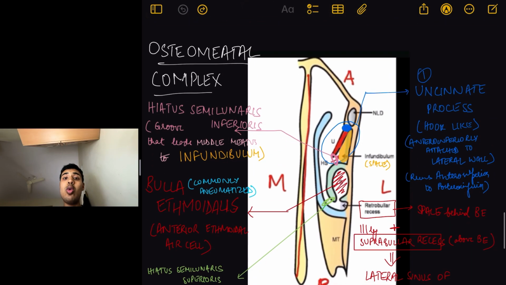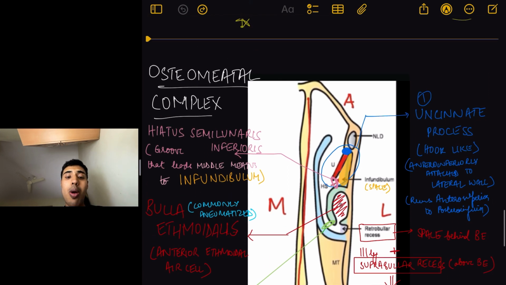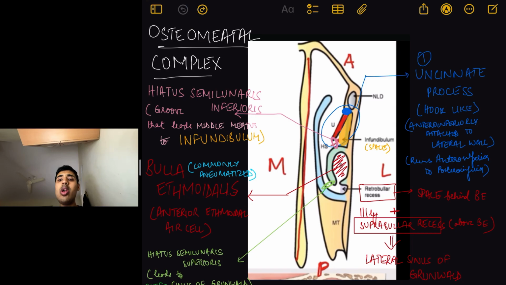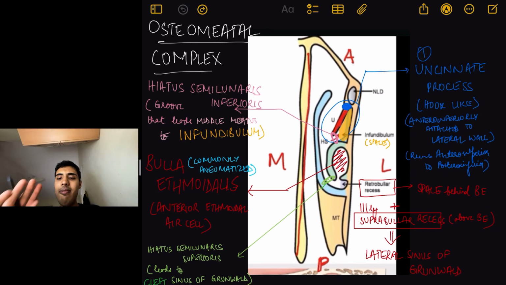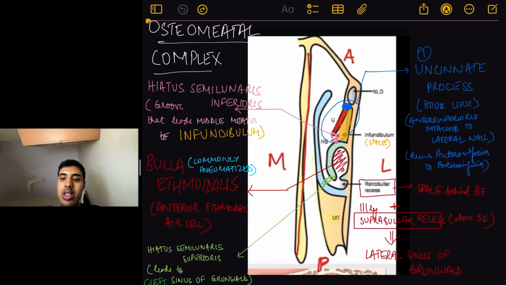Now, one more very important concept, that is the osteomeatal complex. Now, what are all the structures in the osteomeatal complex? This is a bit tricky. Same diagram once again, same view. This is the middle turbinate. As you can see here, I have labeled here, this is the middle turbinate. Let me just change the color. Okay, this is the middle turbinate.